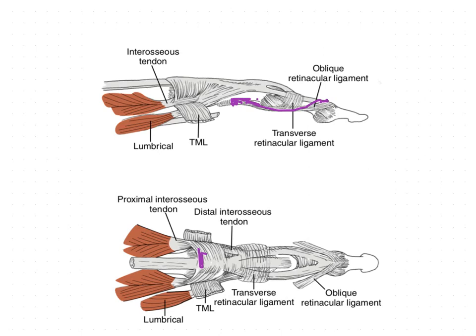At each MCP joint, the extensor tendon passes dorsal to the metacarpophalangeal joint axis. Once active contraction of this muscle happens, tension is created on the hood.